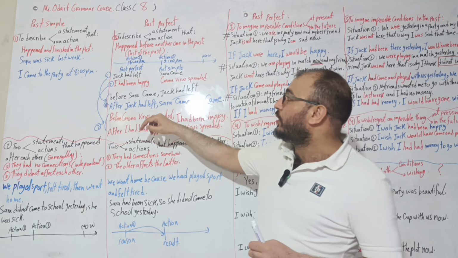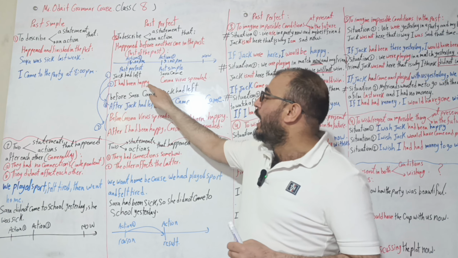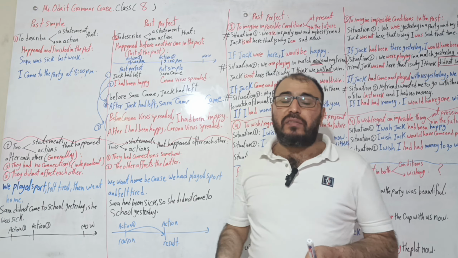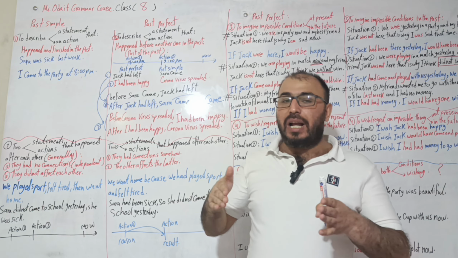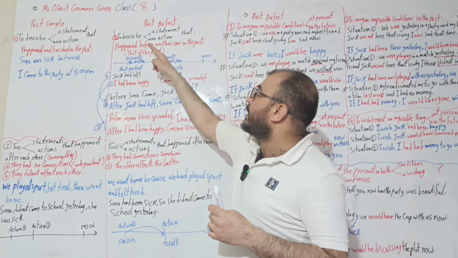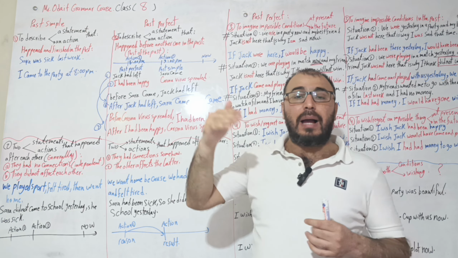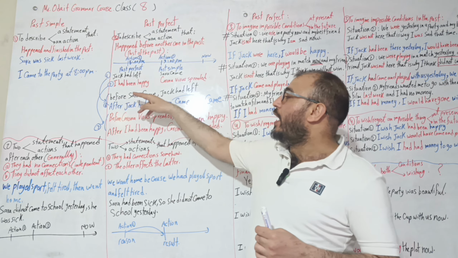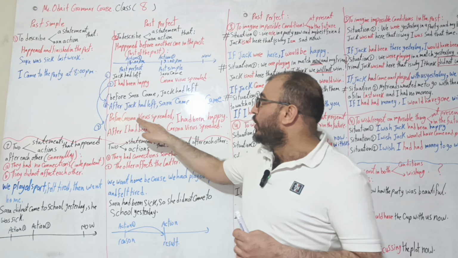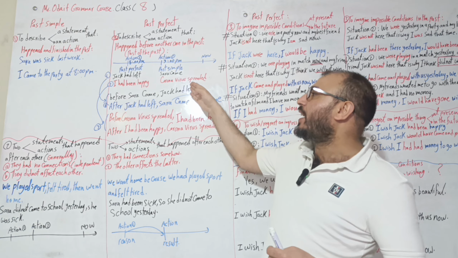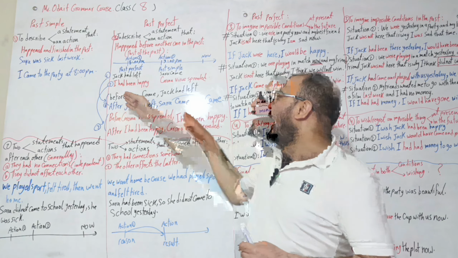The other example here, we say, I had been happy before coronavirus spread. Here we have a statement and an action. The statement happened before the action. So I say, before coronavirus spread, for example in 2019, I had been happy.